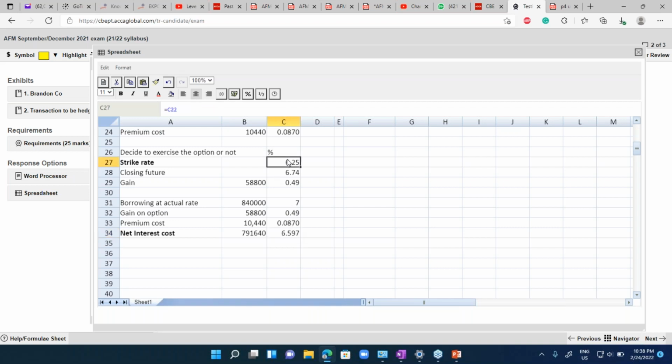If you don't have time, calculate only these percentages. Just try to convert into absolute amount this gain amount and the net interest cost. That is okay. It will be perfectly fine.